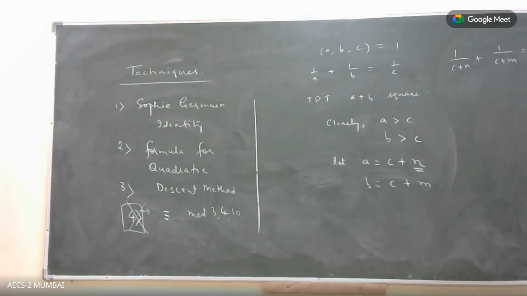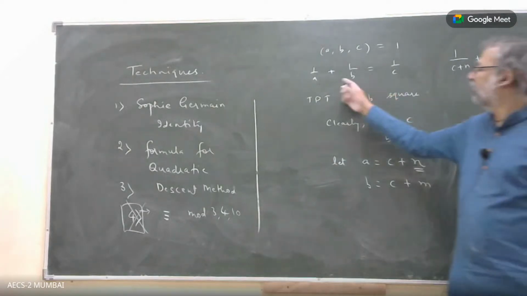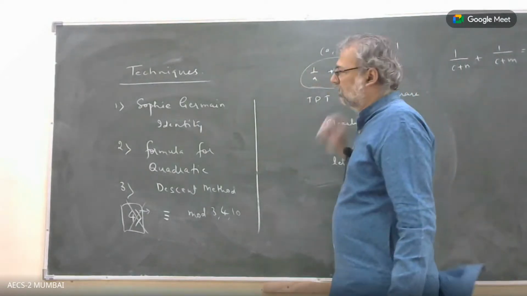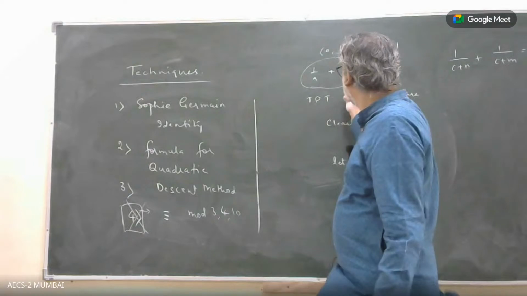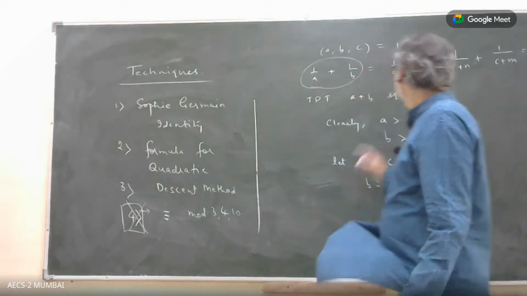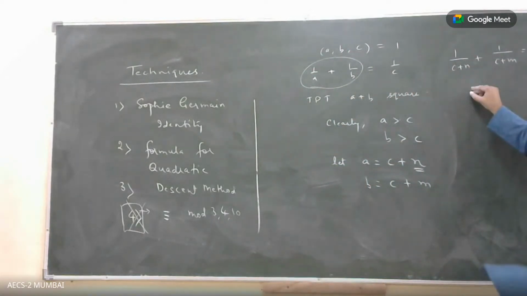How do we add fractions? 1 by a plus 1 by b, how do we add? It's a plus b upon ab, right? Addition of these two.